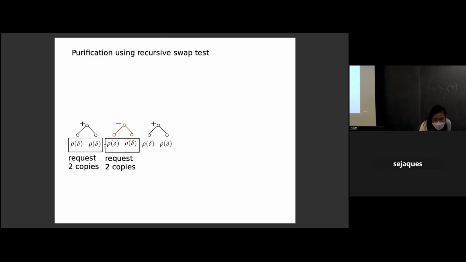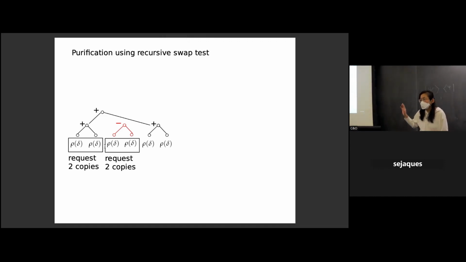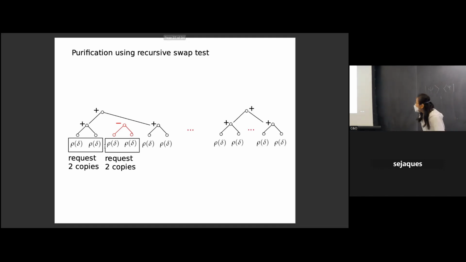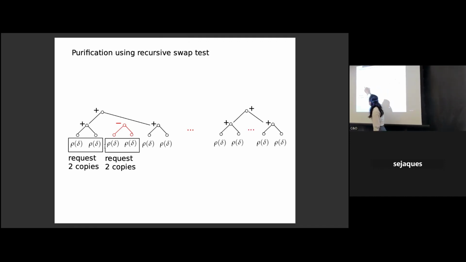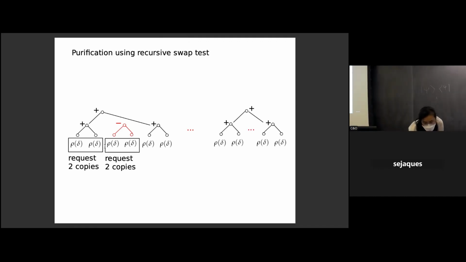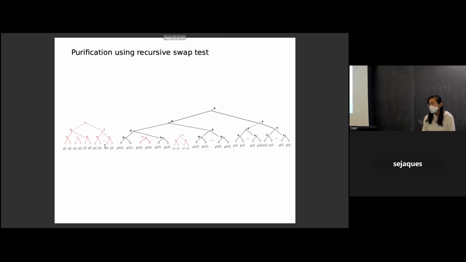I will take them through another swap test. This time I get another plus, so I keep one out of the two states. And then I'll ask for more copies so that I have another state with the same noise level as the one that I prepared earlier. And I try to bring them to yet another swap test. If the outcome is minus, then everything gets wasted, I throw them all away, and I repeat the protocol.